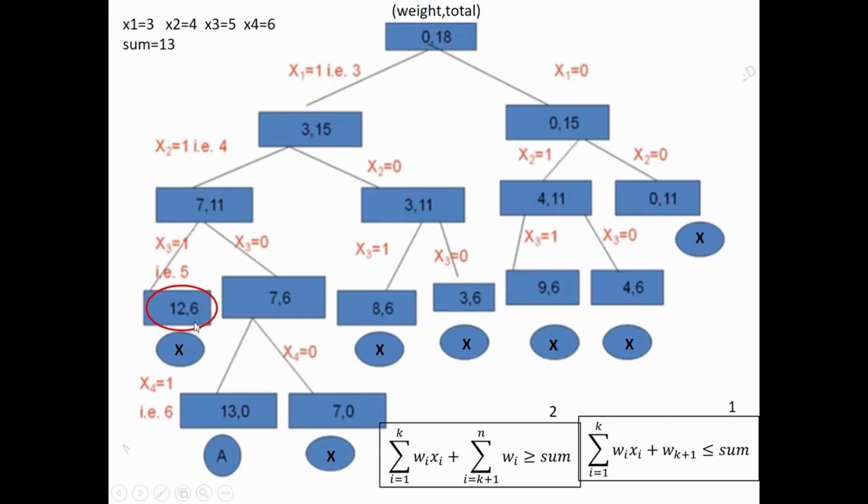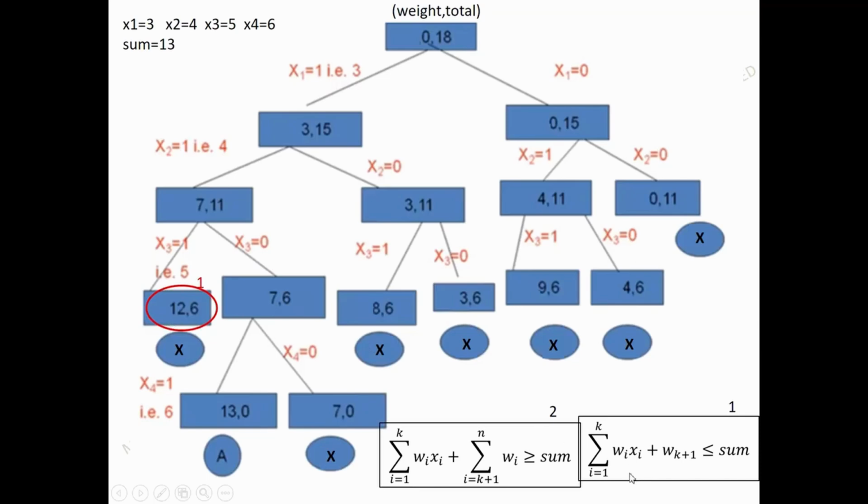Now this 12,6 is violating constraint number 1. What is that constraint? That means the summation of wi plus w of k plus 1 should be less than or equal to the sum. This is the condition for the promising node, but this condition is being violated by this very node.